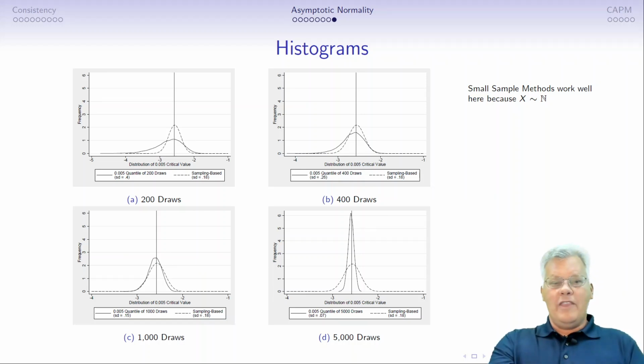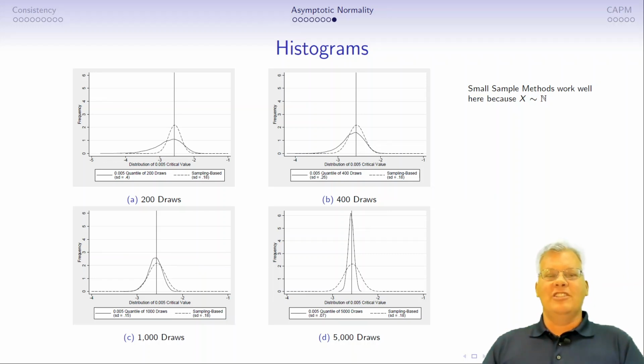So what the solid line represents are values that my computer actually came up with, where I drew 200. So in panel A, I drew samples of 100 200 times, and then I took the smallest mean that was computed. So I repeated that 1,000 times, and then this is the distribution.